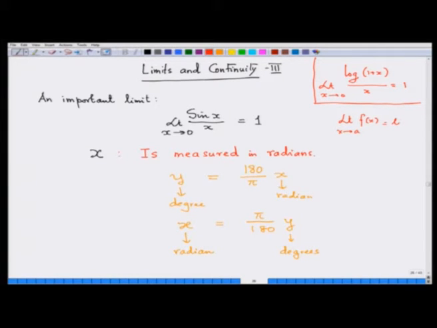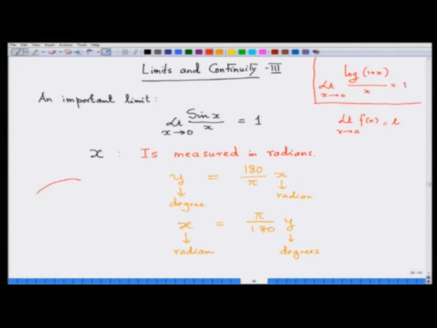Okay, radian, what do you mean by radian? Radian is the angle. So, here is your circle, say a circle of radius 1 centimeter.